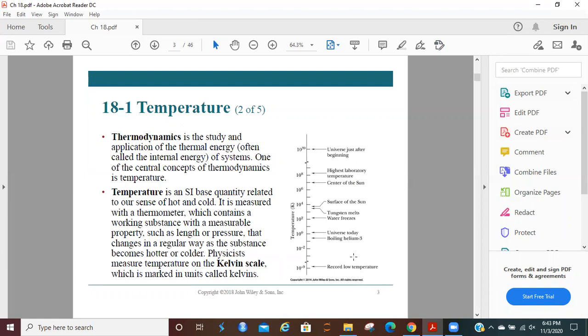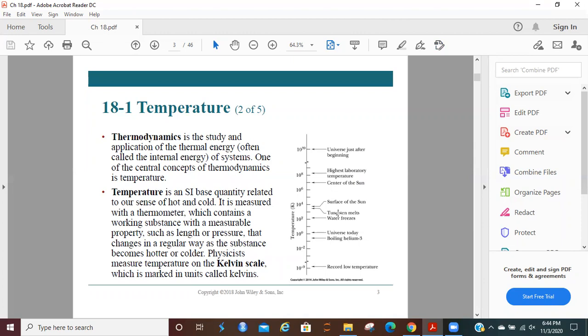Over on the right, you can kind of see temperature. This is very, very cold up to a very, very hot, and a lot of distance in between. So you can kind of see the markings there. Kelvin has a very interesting property in that it doesn't have negative values.